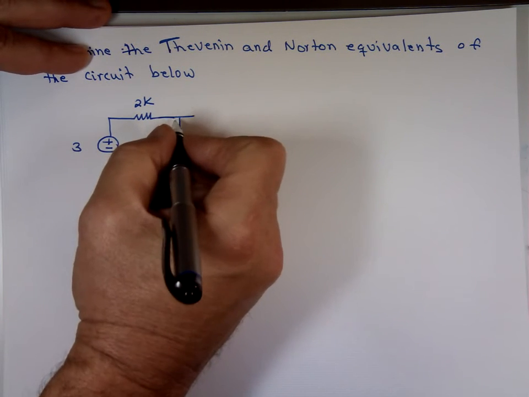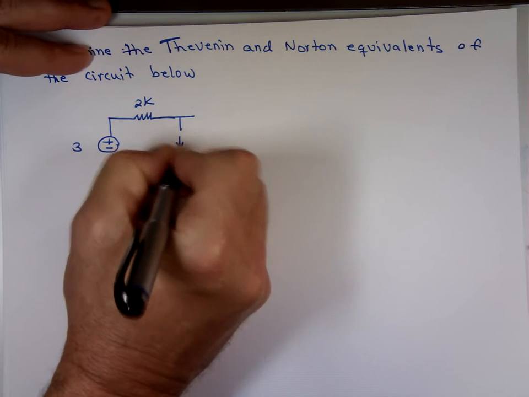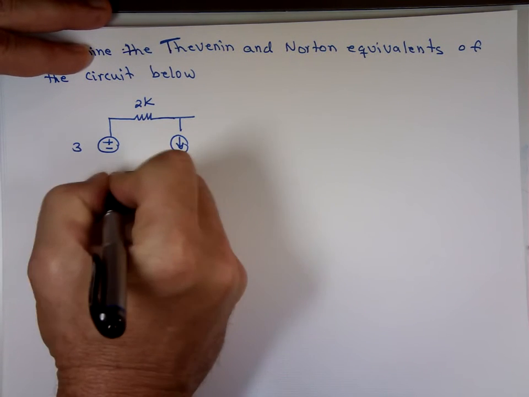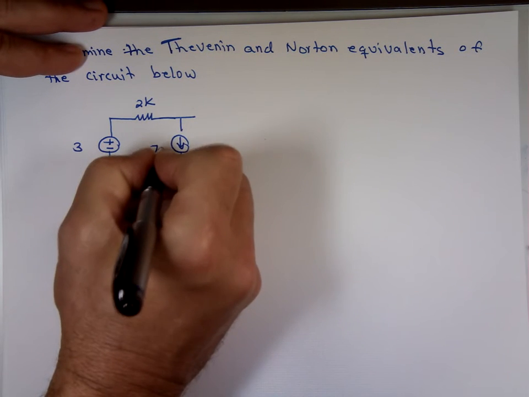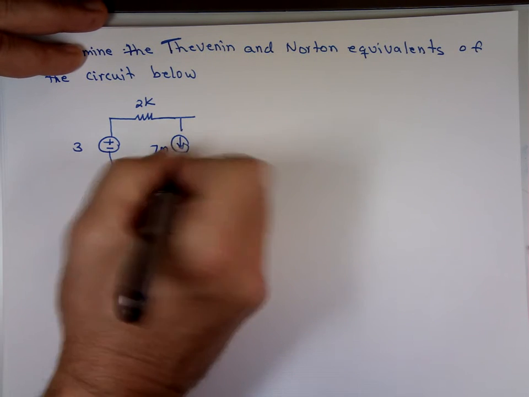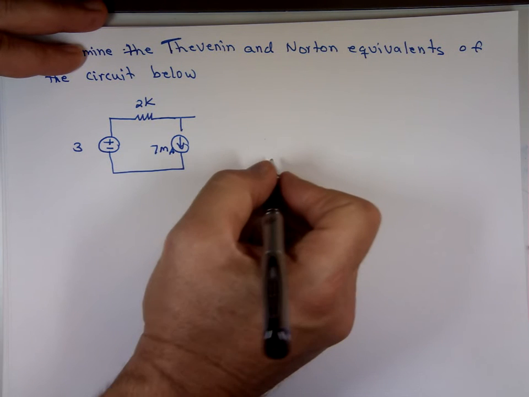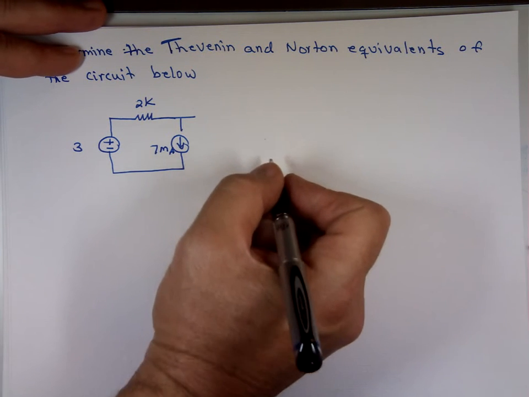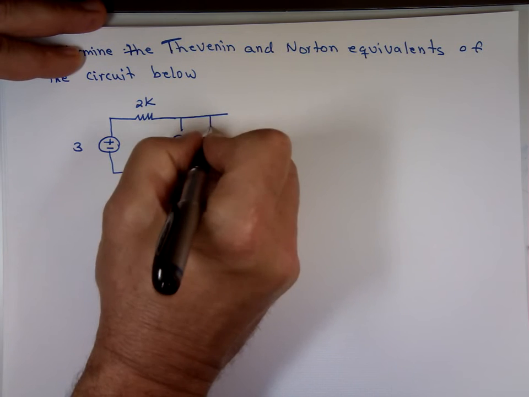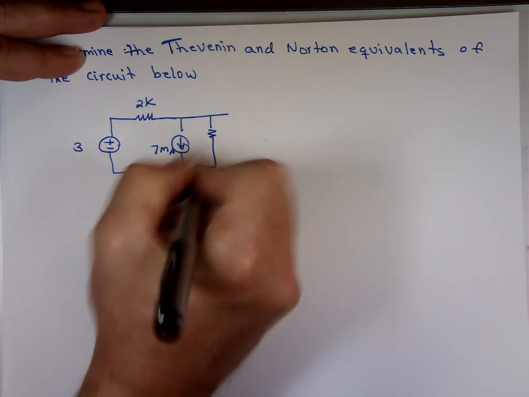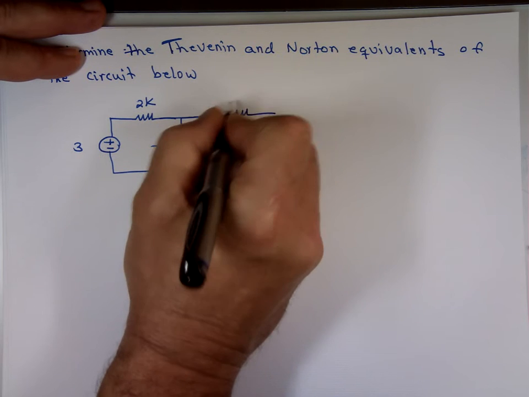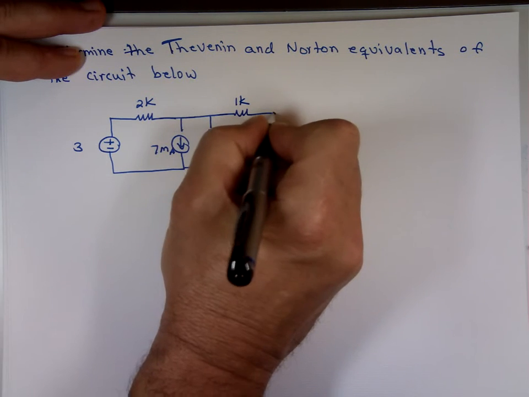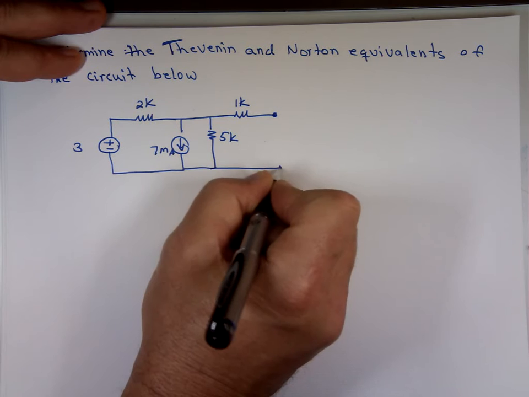I have a current source here of the value of 7 milliamp. A 5K and a 1K. And you can use any of the techniques that we know to find this.